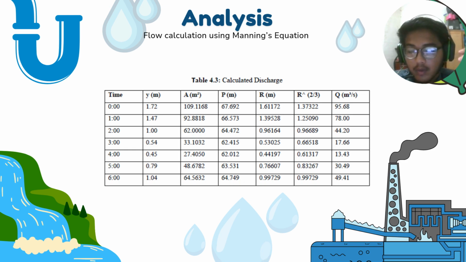And then we use the other formula to find the hydraulic radius, R equals A over P. And then we can get the discharge of the water for this data.